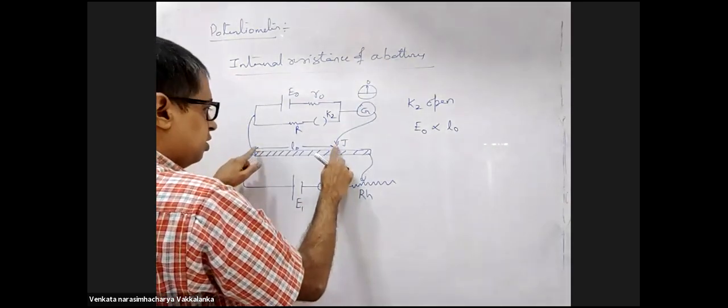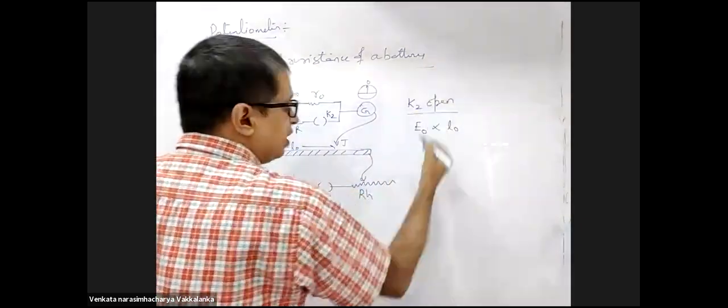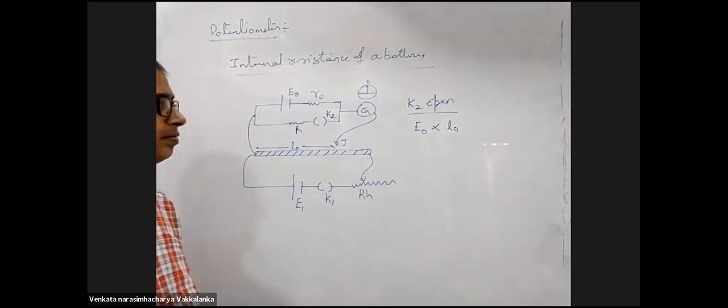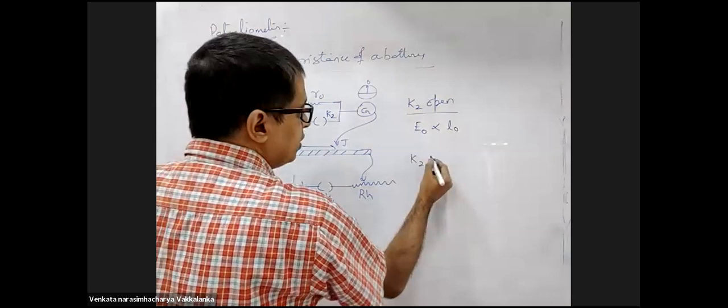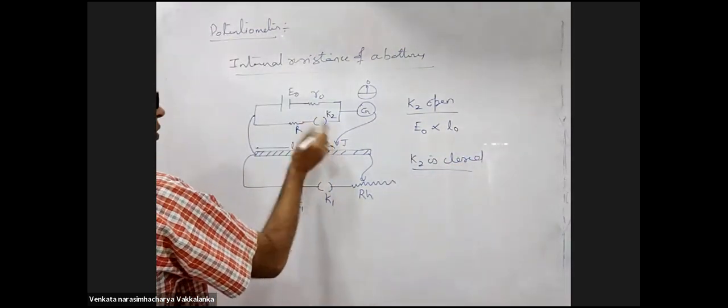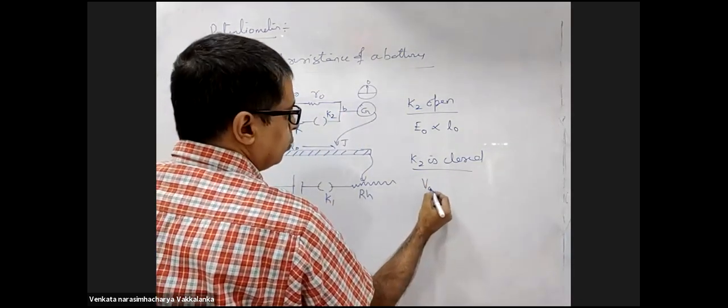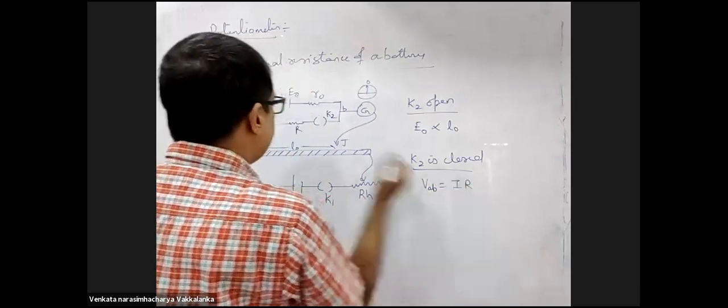Understood. This potential difference is directly proportional to L. This was when the key was open. When K2 is closed, what will be the potential difference across AB? VAB is equal to I into R.